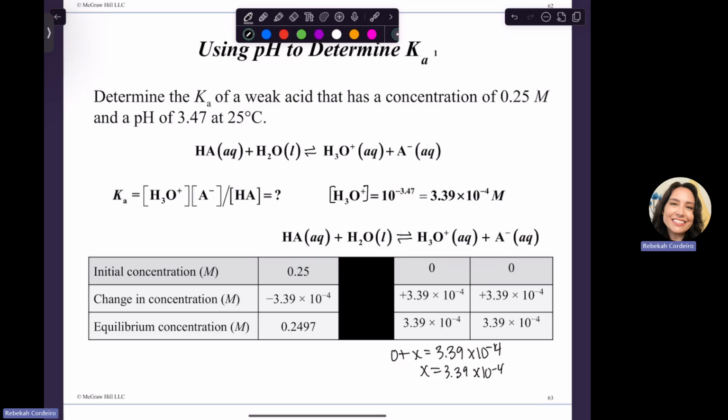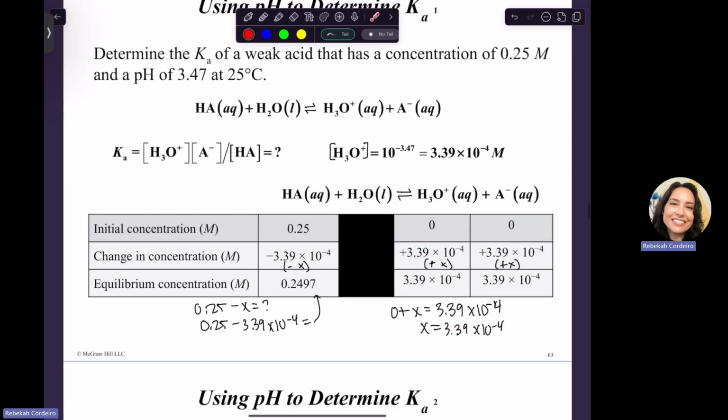This one was plus x, and this one was minus x. If we know that x is that, then we have 0.25 minus x equals what? 0.25 minus 3.39 times 10 to the negative 4 equals that number.